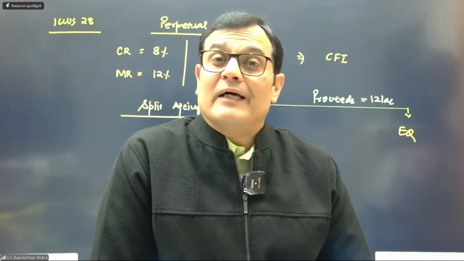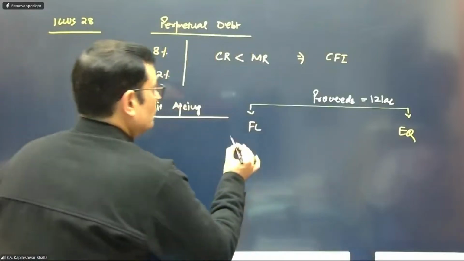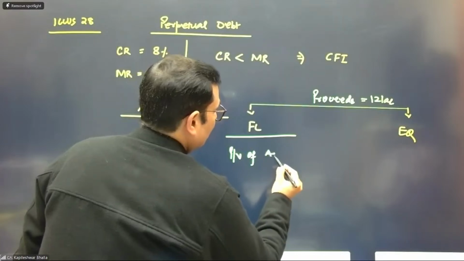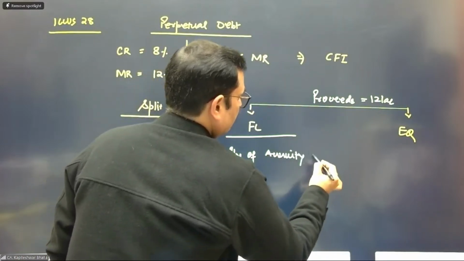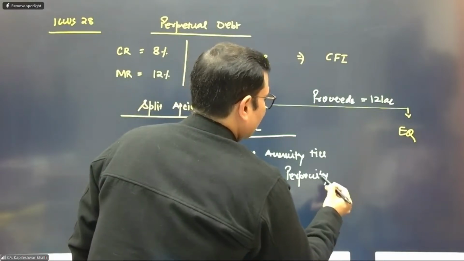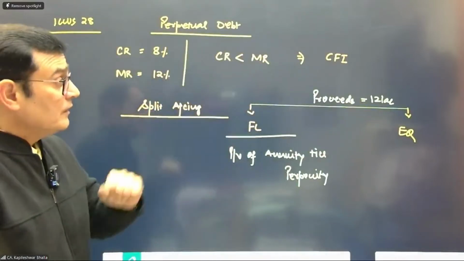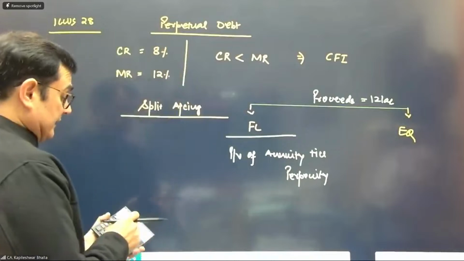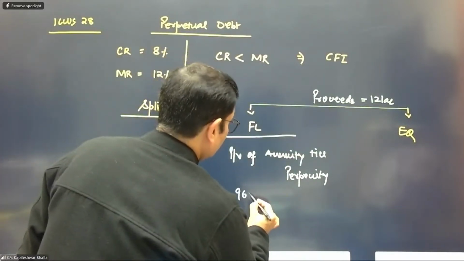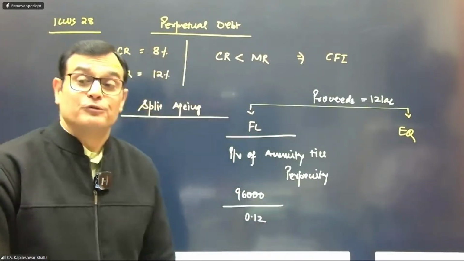And the present value of an annuity till perpetuity is taken as A by R. So when you calculate the financial liability, we need the present value of the annuity till perpetuity, where the annuity in my example is the interest element. So let's see what the interest is. On 12 lakh rupees, the contracted rate is 8%. So 8% of this is going to be 96,000. So this is the annuity, divided by the rate of interest, which is the market rate of interest.